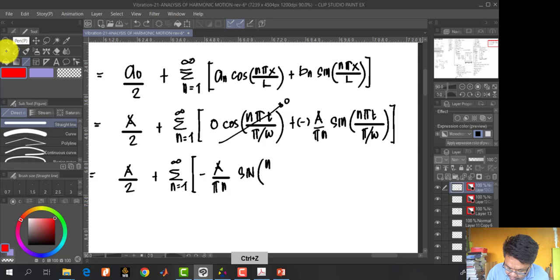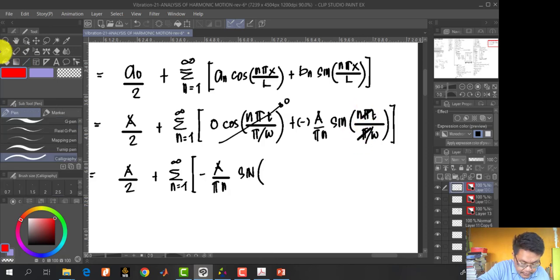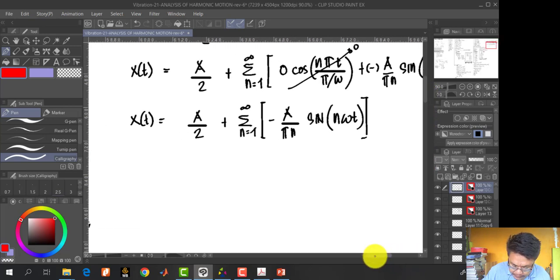We can cancel out yung values ng ito tsaka ito. Okay, so ang maiiwan na, that will be n angular velocity times time. So close bracket mo this one. Okay, simplifying ito.